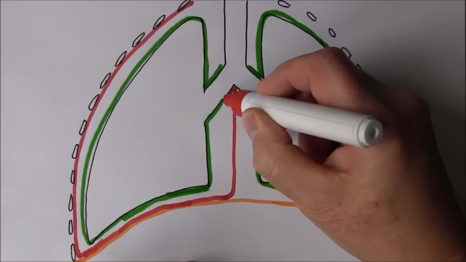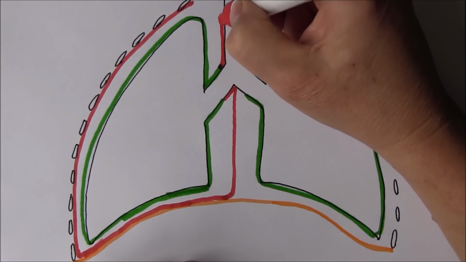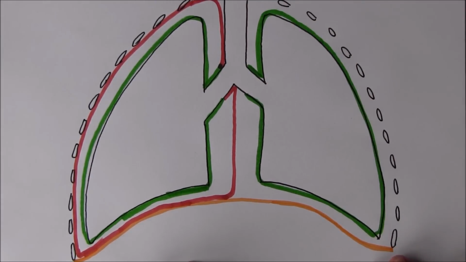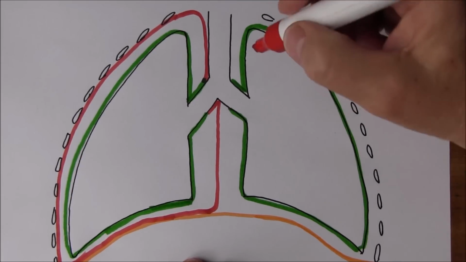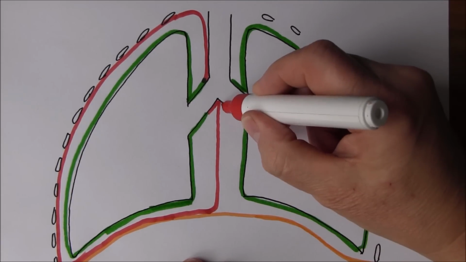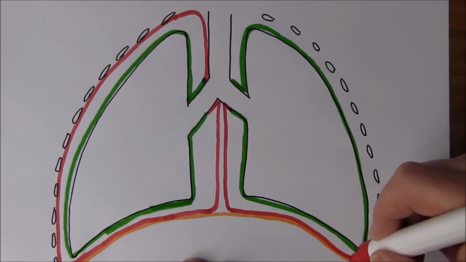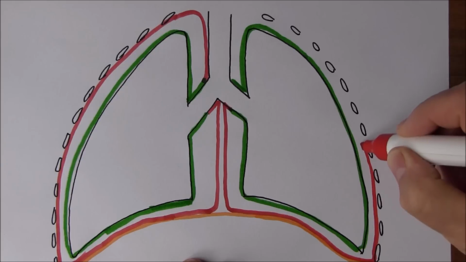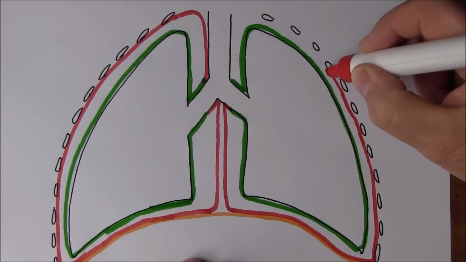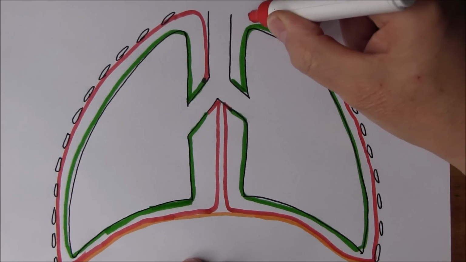And each lung has its own. It's enclosed in its own pleural sac. So visceral in green, parietal in red.